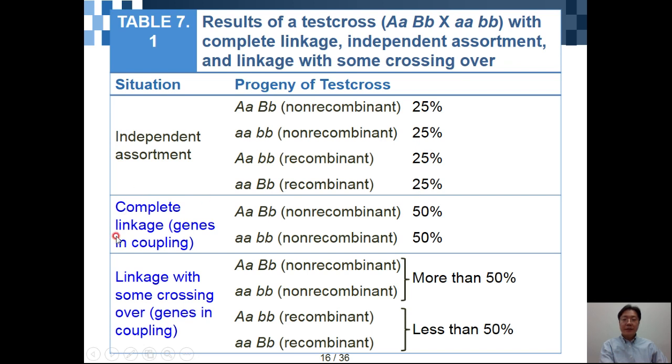If they are in complete linkage, they only show the non-recombinant progeny, and the ratio will be 50 and 50. This is the linkage with some crossover, so the non-recombinant progeny will show more than 50%. This is non-recombinant, and this is also non-recombinant. How about the recombinant progeny? The percentage will be less than 50%.